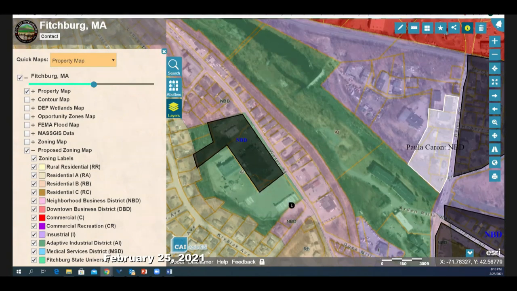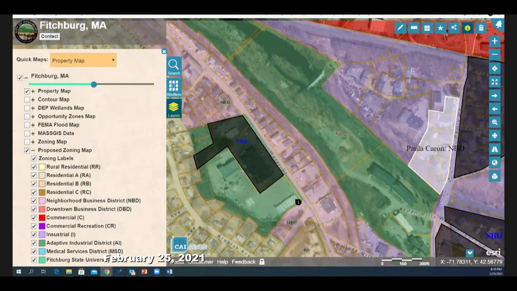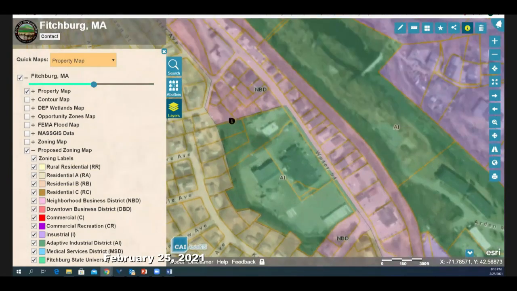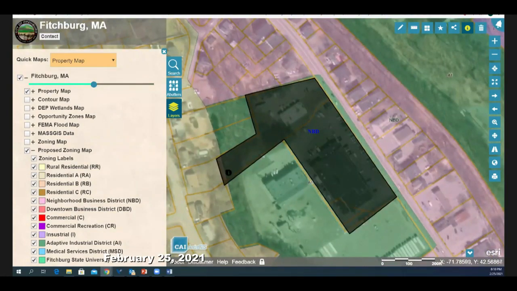Yeah, the only concern I had there was the cleaning up of the AI. It looked like it takes the backyards of two houses on the top left. Right, so that's how the district was drawn before. Do you just mean that line? No, the two lots north, the grid goes into the backs of those two lots. Right, and that was just following when it was LI, it was drawn to that line.